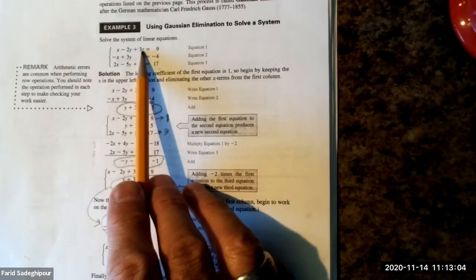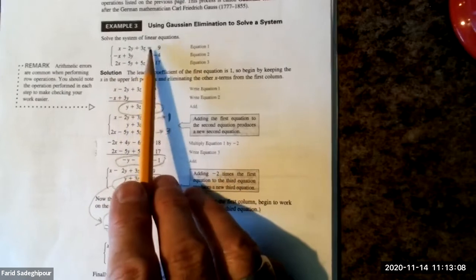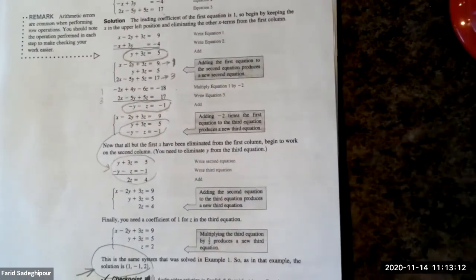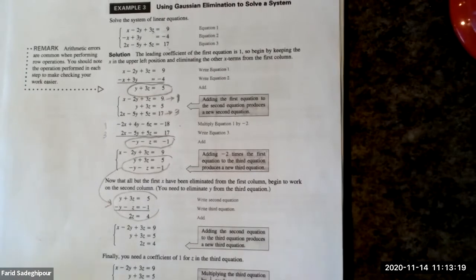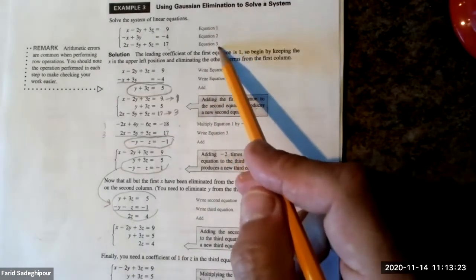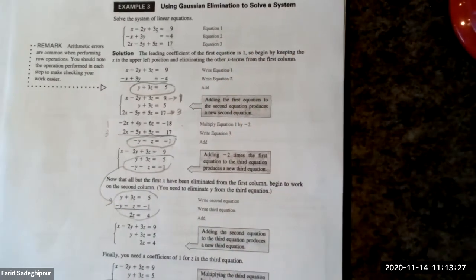So you put your variables here to find the last one. In that case, the final answer would be 1, -1, and 2. So again, one way of the method of elimination is that you number each equation and then you take a pair each time and eliminate the same variable.